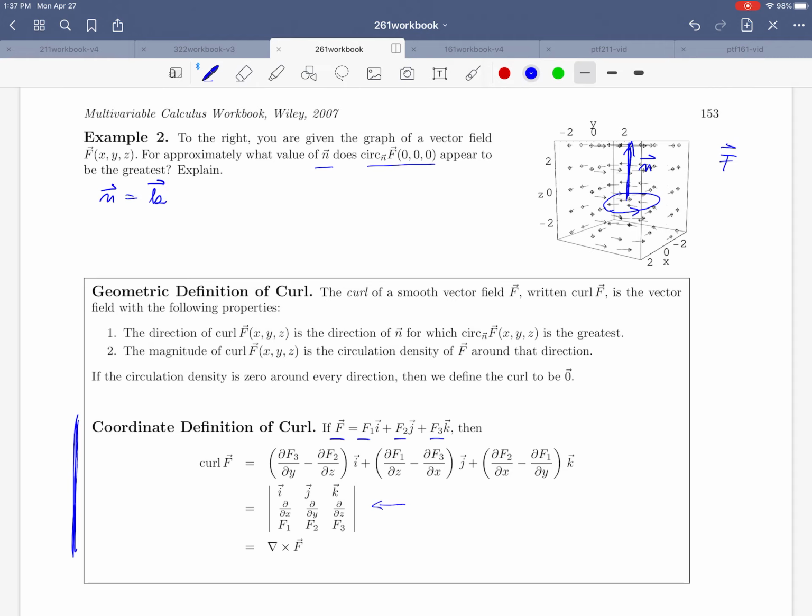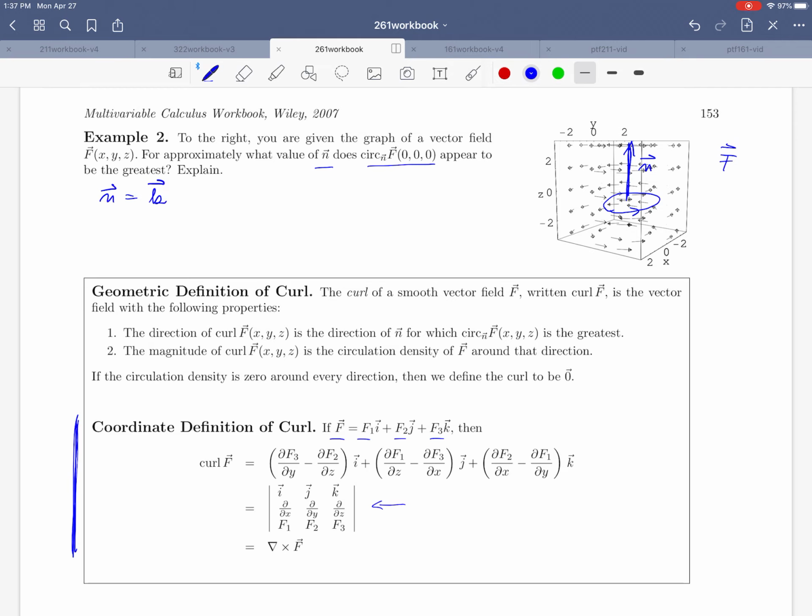And we had a better way to compute that using a determinant right here. And so you've already done that. So you know how to compute the curl given a vector field. But what does it mean?